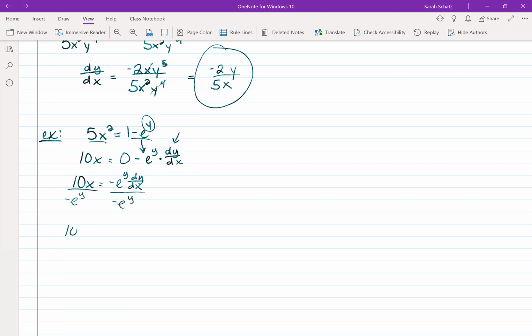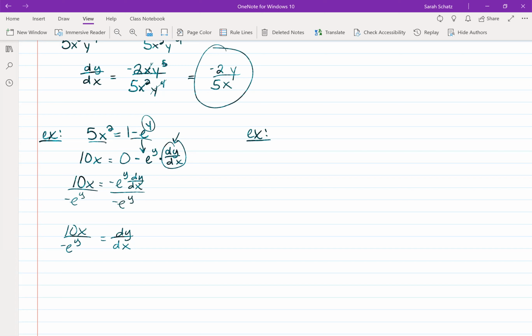So I get 10x over negative e to the y equals dy dx. And that's it. So guys, again, if you had forgotten to tack this on, you wouldn't have had anything to solve for. And you'll notice as you go that that's a really good reminder to put that dy dx in there, because at some point you've got to solve for it. So it has to be present.